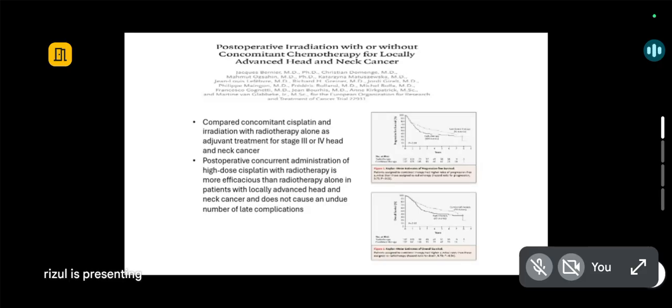Here we compared concomitant cisplatin and radiation therapy with radiation therapy alone for stage 3 and 4. In this Kaplan-Meier curve, they clearly showed that survival was much better with concomitant chemo and radiation therapy than with adjuvant radiotherapy alone.